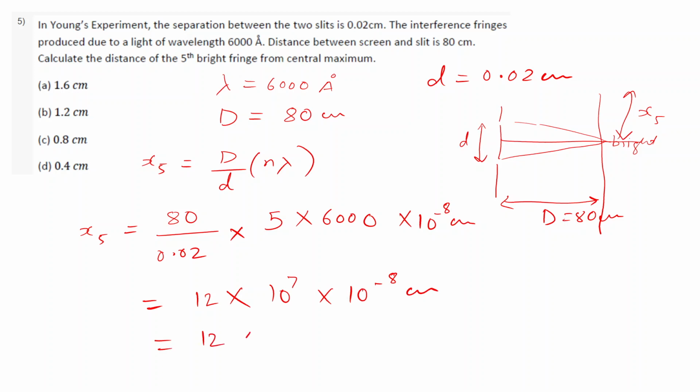So it will be 12 times 10 to the power minus 1 centimeter, which is 1.2 centimeter. That means the distance of the fifth bright fringe from the central fringe is 1.2 centimeter.